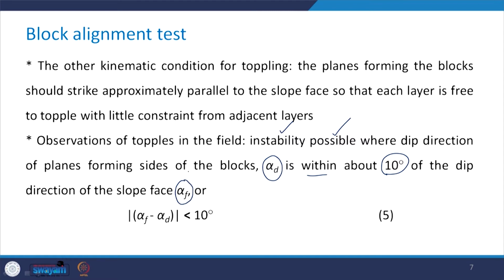You remember we represent the dip by psi and the dip direction by alpha, so the same notation convention we are following here. This condition can be written in mathematical form by equation number 5: the modulus of alpha f minus alpha d must be less than 10 degrees.